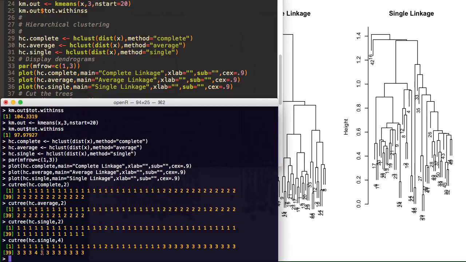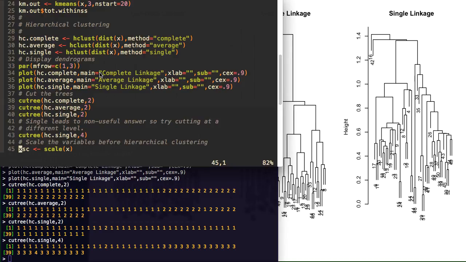Okay, and so when we did that, we now have 4 clusters. Number 4 only has one item, number 2 still only has one item, but 1 and 3 are somewhat evenly divided. Okay, now we should always scale the variables before we do hierarchical clustering, so let's do that.